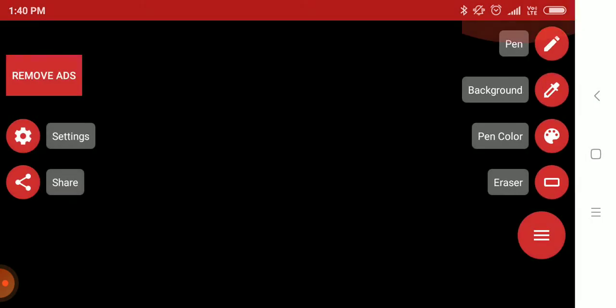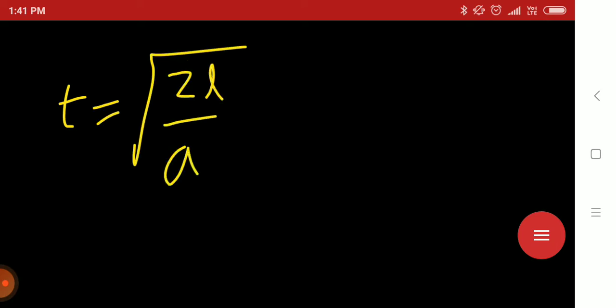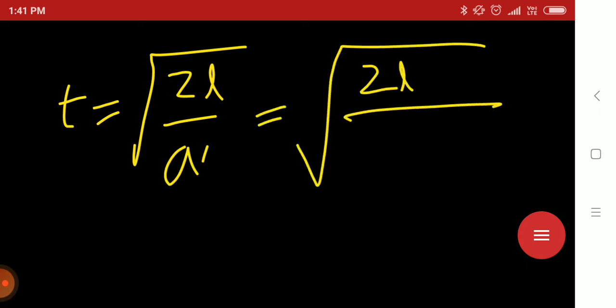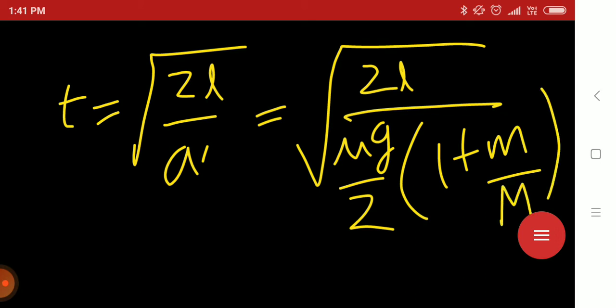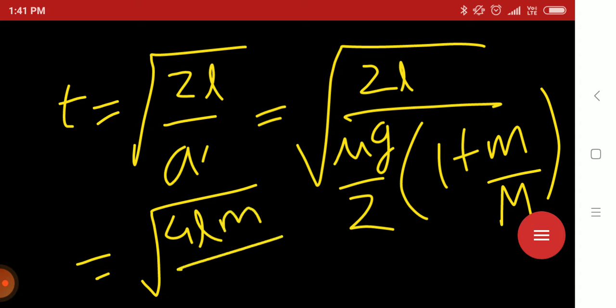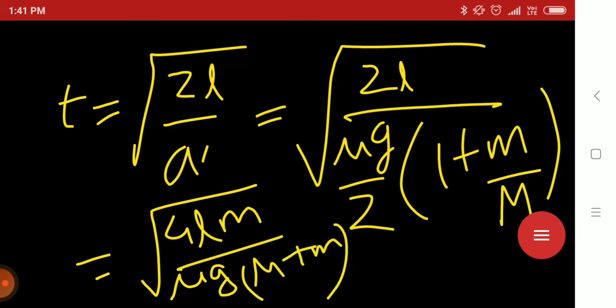If I put the A prime value, t equals root 2l by mu g by 2, and after taking mu and g common, 1 plus small m by capital M. So we will get root of 4lM by mu g into (capital M plus small m).